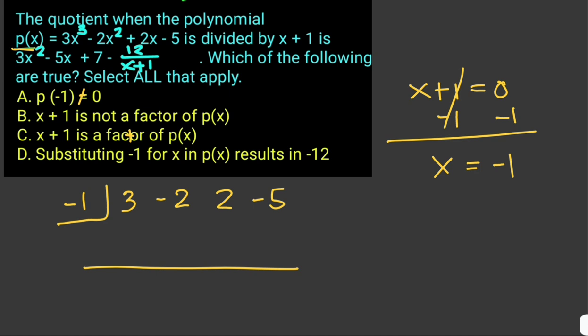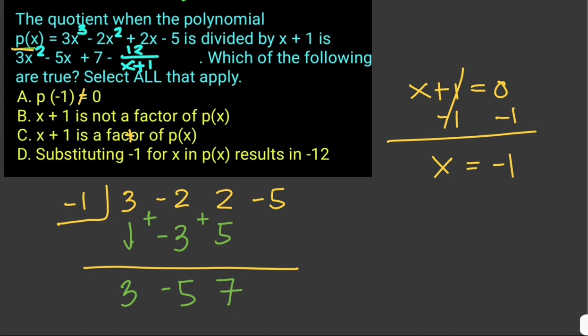We bring down the leading coefficient to the bottom row, which is 3. Then we multiply 3 and negative 1. 3 times negative 1 is negative 3. And then we add: negative 2 plus negative 3 is negative 5. Then we repeat the process. Negative 5 times negative 1 is positive 5. Then we add, this is 7.